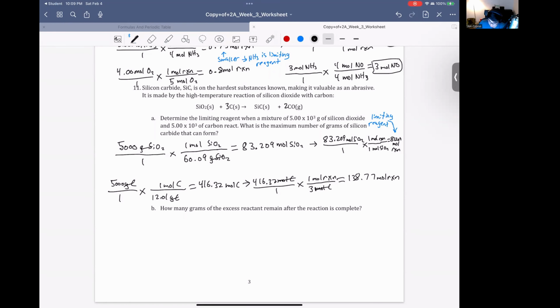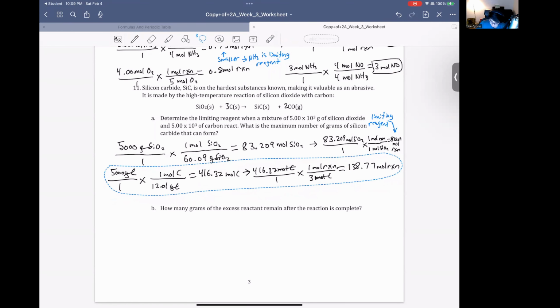So using stoichiometry, right? Can I move this up really quick? Using stoichiometry, I have 83.209 moles of silicon dioxide. I want moles of this SiC, so silicon carbide.